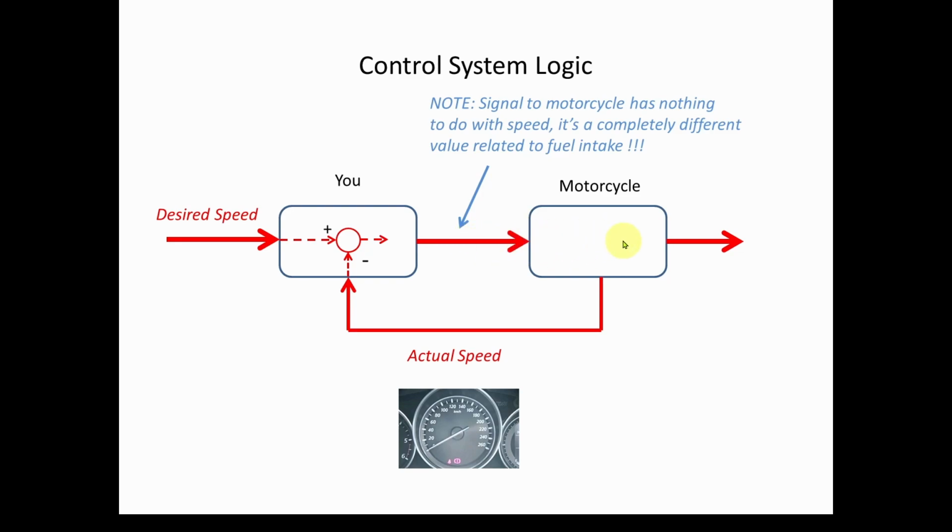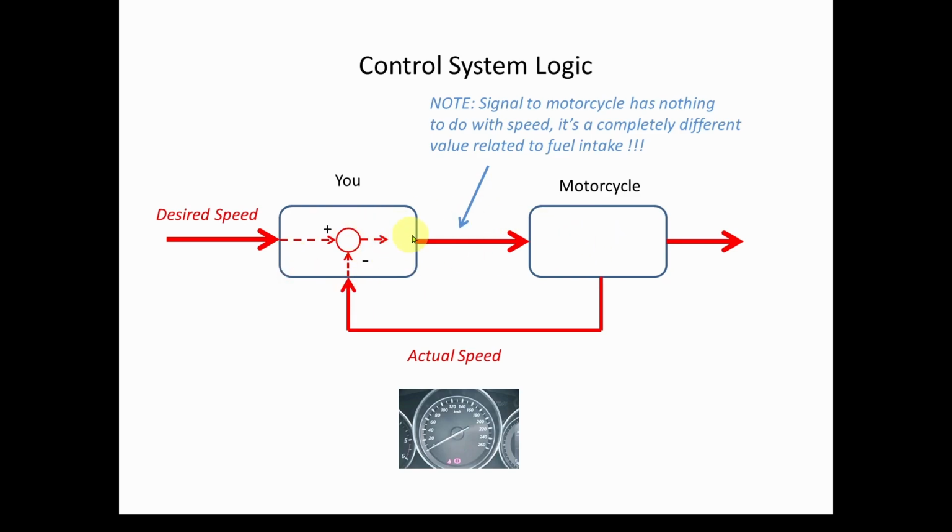It just says, hey, go as fast as you can. So you not only have to figure out what the error is, but you also have to figure out what that means in terms of fuel intake to the motorcycle. So you have to know 60 miles an hour means slam that throttle, and as I get closer, let back on the throttle and don't put as much fuel in.